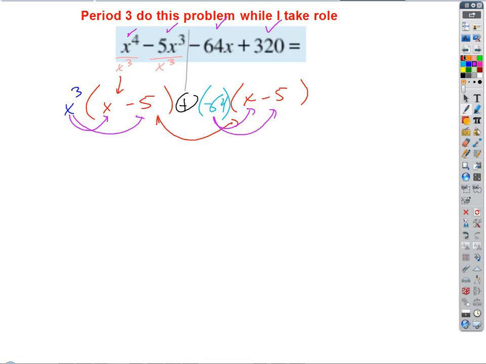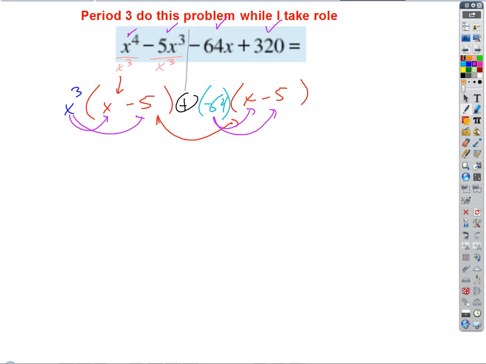Okay, next step. I've got this thing grouped. I've got my left group and my right group. Is there a common factor that I could factor away from each one of those? There is. What are the factors in the first term? Factors are just the things that are being multiplied. X cubed and x minus 5.